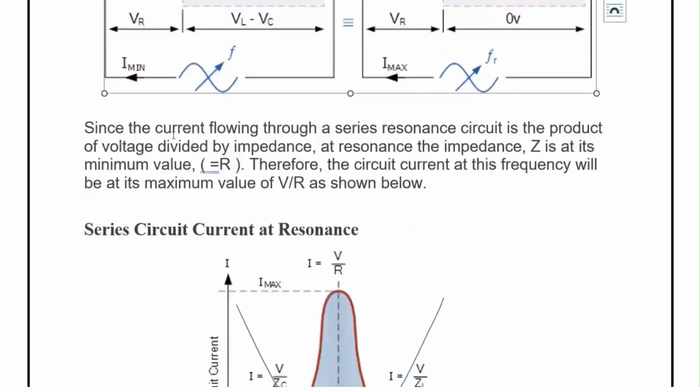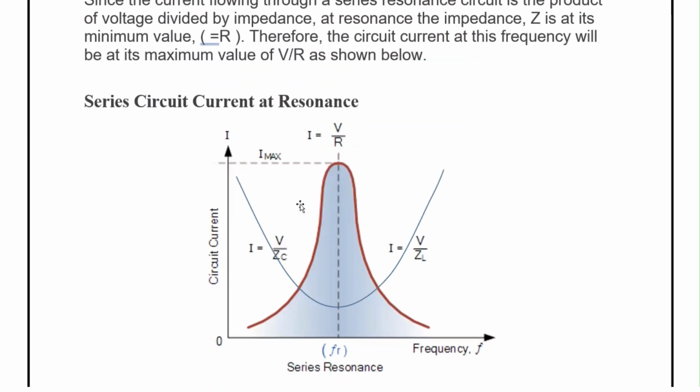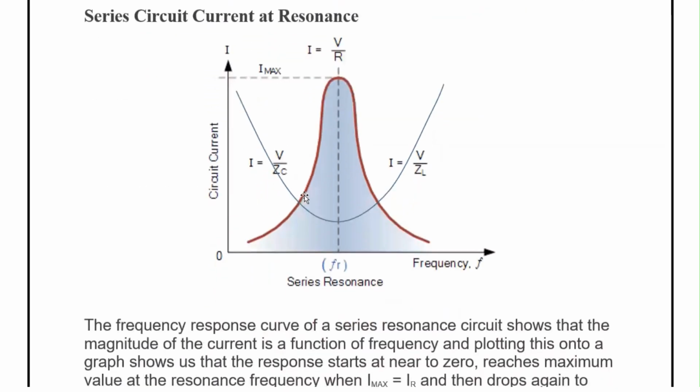Since the current flowing through the series resonant circuit is the voltage divided by impedance, at resonance the impedance is at its minimum value, that is R, and therefore the circuit current at this frequency will be the maximum value V upon R. So this is the conclusion.